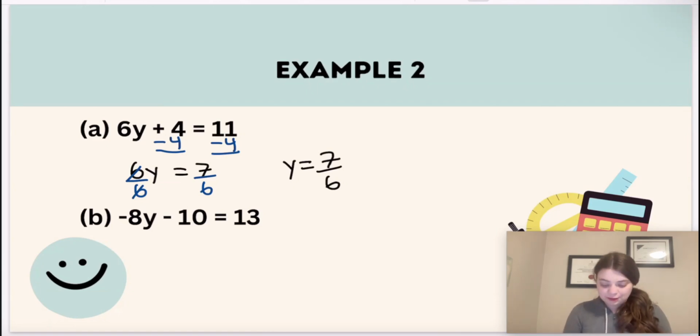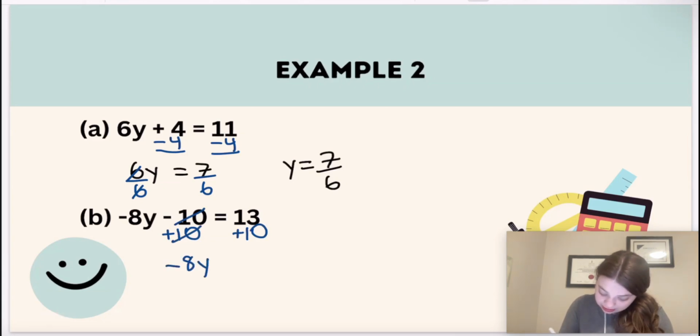Let's try example B. Negative 8y minus 10 is equal to positive 13. So first thing I want to do to my left is I would like to get rid of the minus 10. I'm going to get rid of it by adding 10 to both sides. If I do that, the minus 10 plus 10 cancel, and we get negative 8y is equal to 23. Then, in order to get rid of the negative 8 with the negative 8 times y, I'm going to divide negative 8 on both sides.